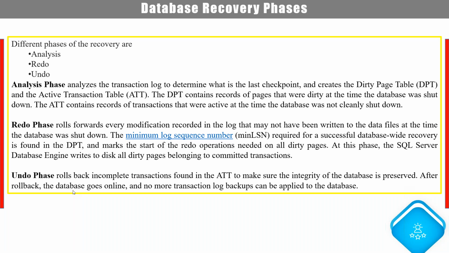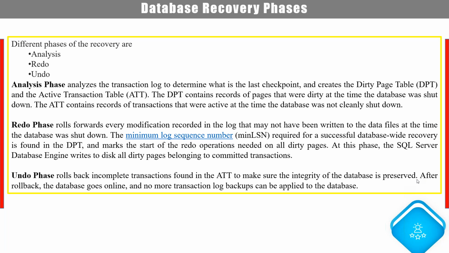So analysis contains two tables: one is the dirty page table, one is the active transaction table. We'll discuss this a lot. Here we have one interesting concept called undo. It rolls back incomplete transactions found in the ATT to make sure the integrity of the database is preserved.